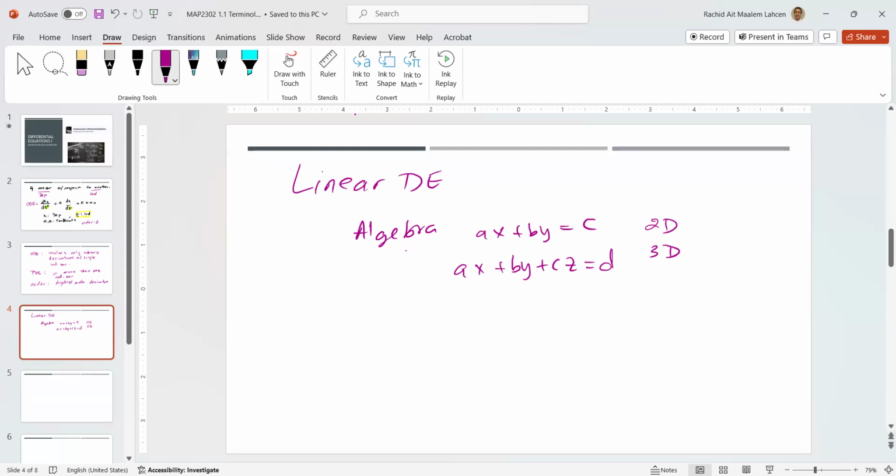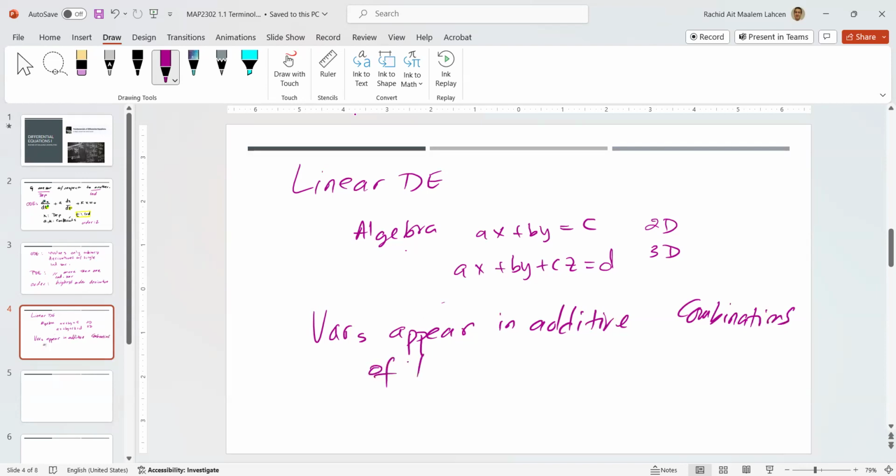Based on this idea, the linear definition will come. The variables are going to appear in additive combinations of their first powers only.